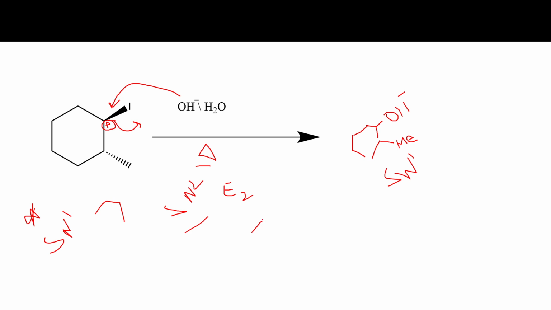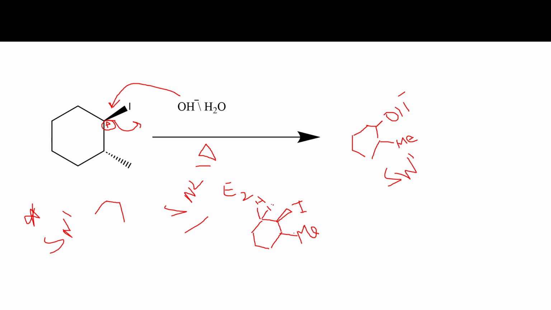So E2 will be like that, an elimination. How will the elimination happen? For the E2 reaction we have to remember that if your leaving group is above the plane, the hydrogen should be below the plane. So two hydrogens are possible.